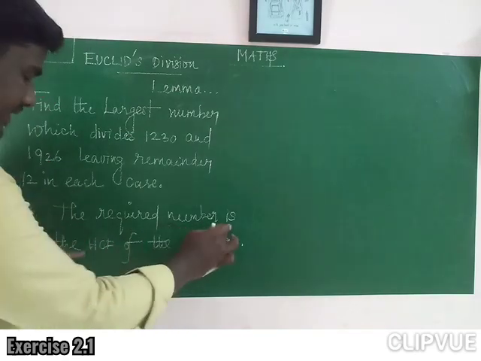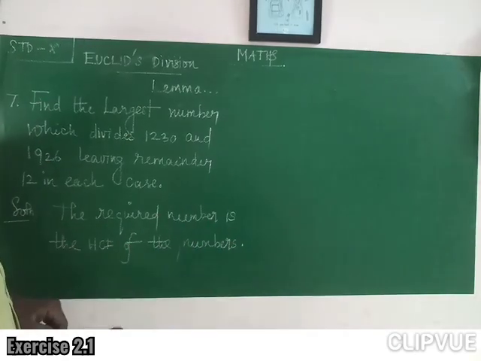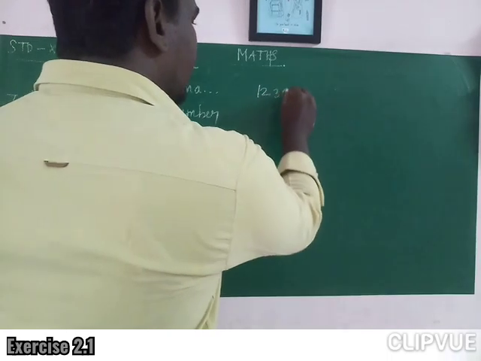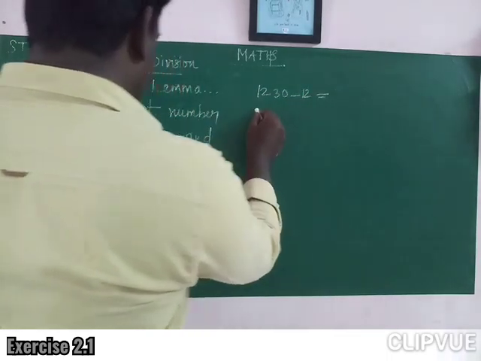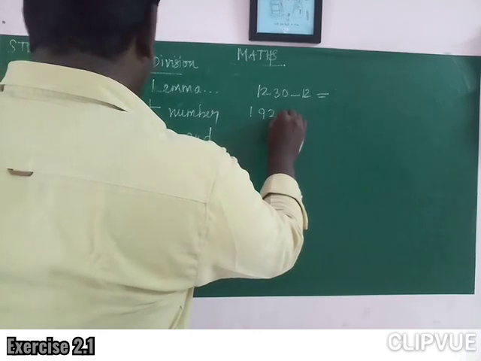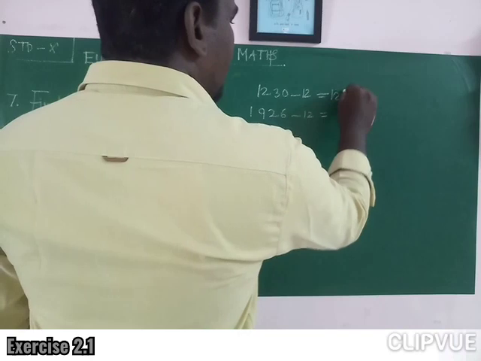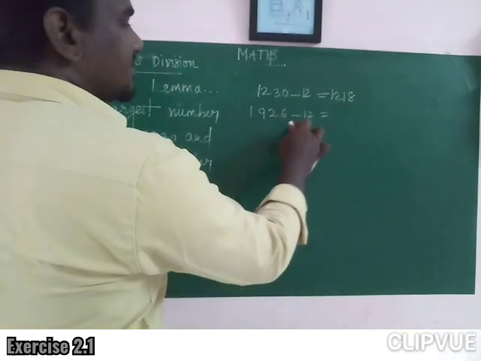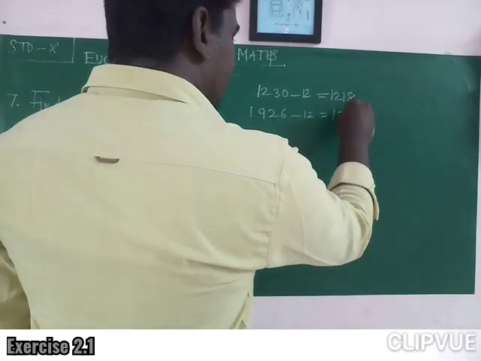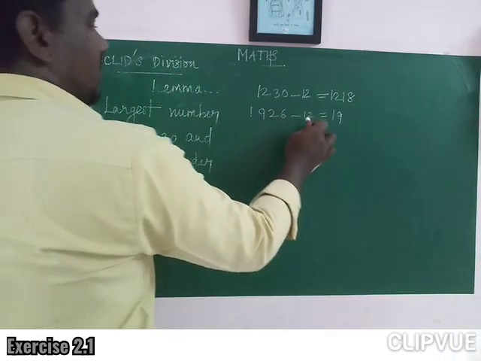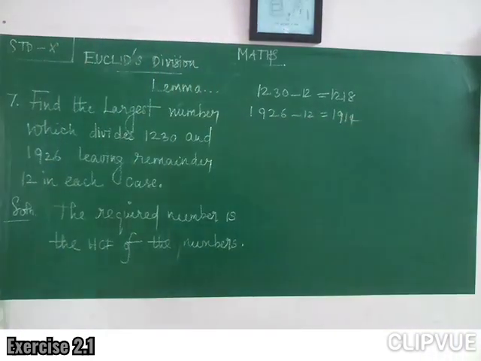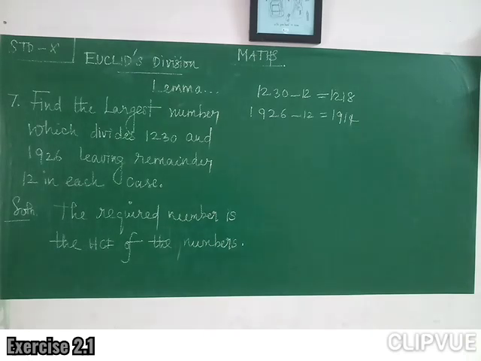Actually the required number is the HCF of the numbers. So 1230 minus 12 means 1218. 1926 minus 12 means 1914. So HCF of 1218 and 1914.